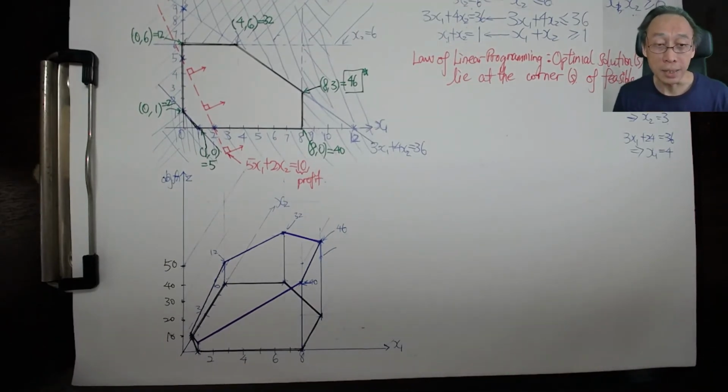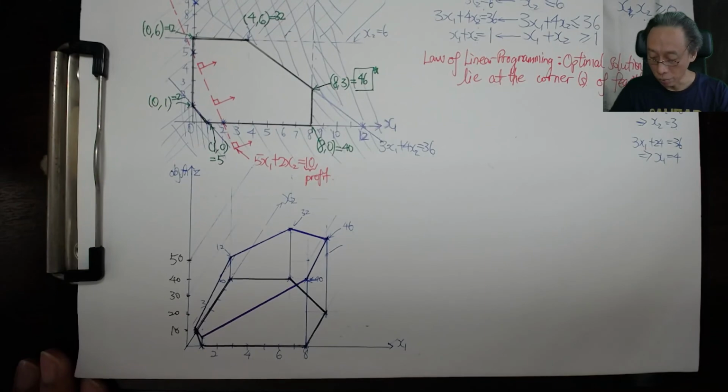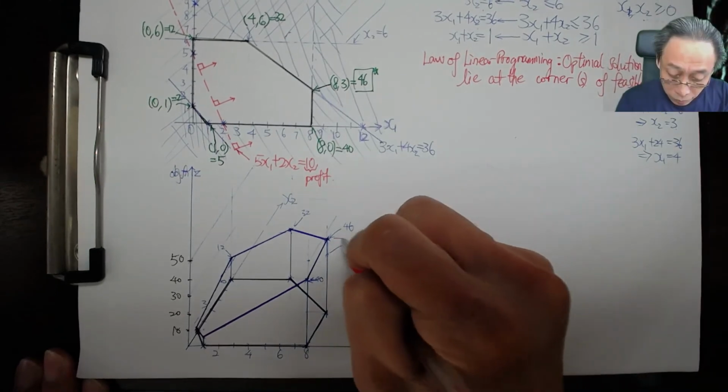Okay, so with that, we basically are done with the graphical solution method. I hope you enjoyed the whole process because it's quite fun to be able to see through all the abstractness of the model and be able to pinpoint visually the actual optimal solution.